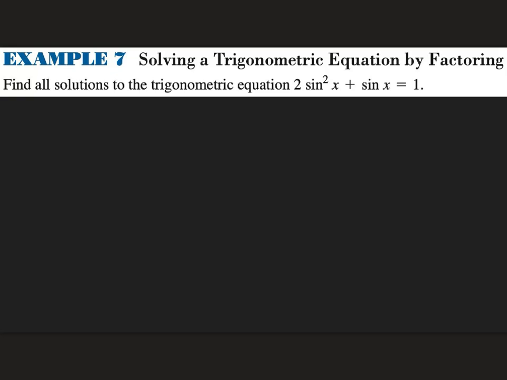Okay, solve a trig equation by factoring. We know that the sine of x is equal to y. So what if I just do 2y squared plus y is equal to 1. If I take 2y squared minus y minus 1 is equal to 0. Now this comes back to some basic algebra.